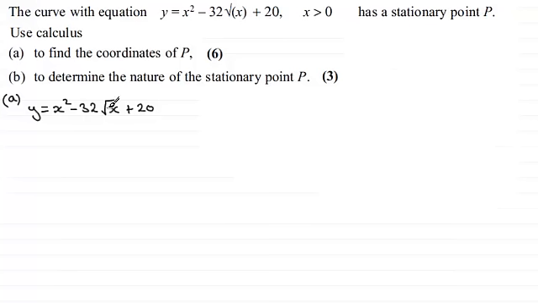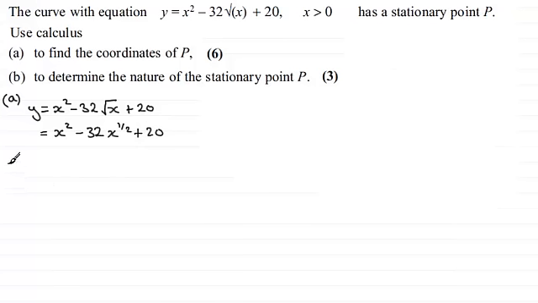So to differentiate this, I don't like that root x being there. We'll change that to x to the power half. So we end up with minus 32 x to the power half and then plus the 20.